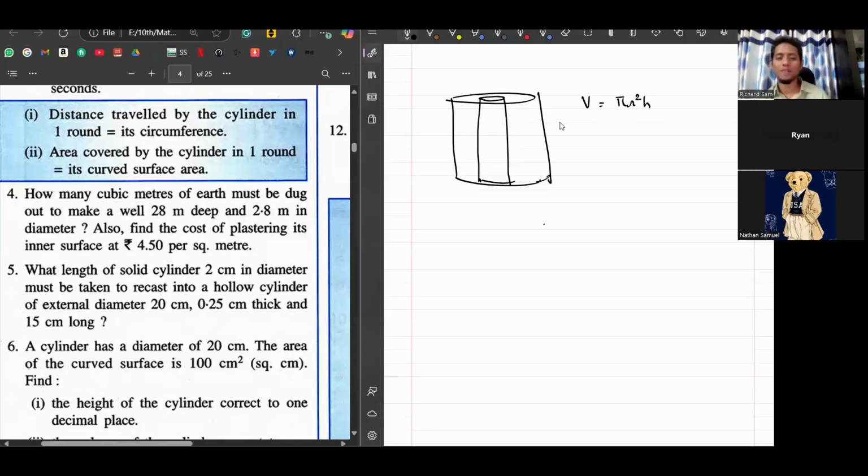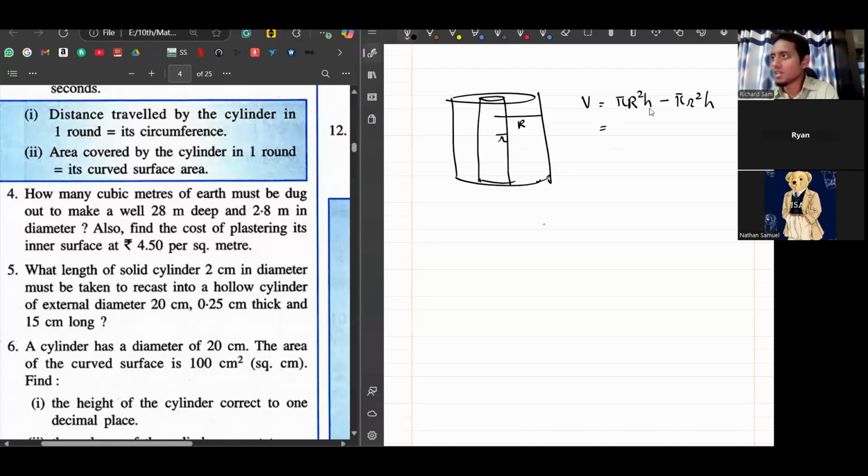Okay, now we have two radii. The outer radius is capital R and the inner radius will be small r. So here also the outer cylinder's radius is capital R. So pi R square h minus the inner cylinder, that is pi small r square h. Do you understand? Clear? Capital R is the radius of the outer and small r is the inner one.